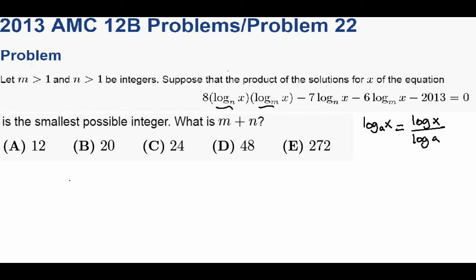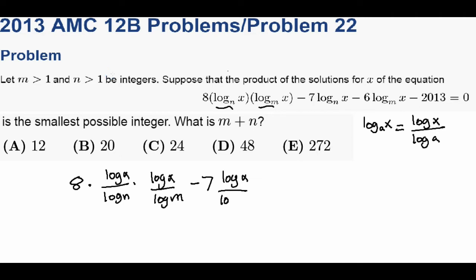So this equation then becomes 8 times log x over log n times log x over log m minus 7 log x over log n minus 6 log x over log m minus 2013 equals 0.